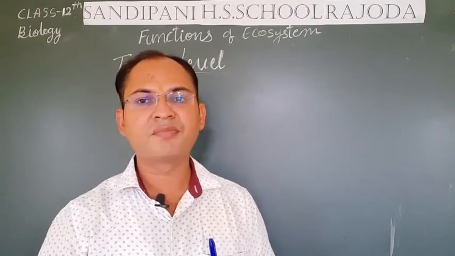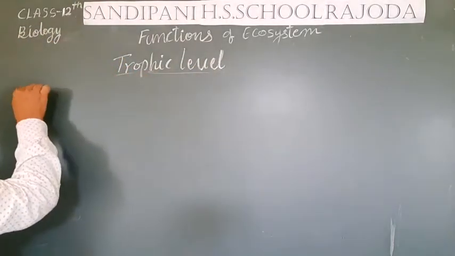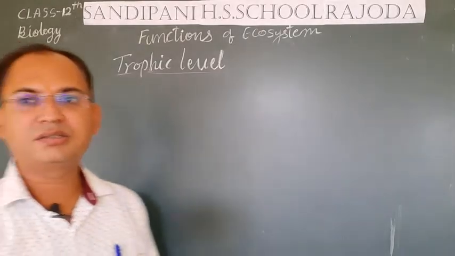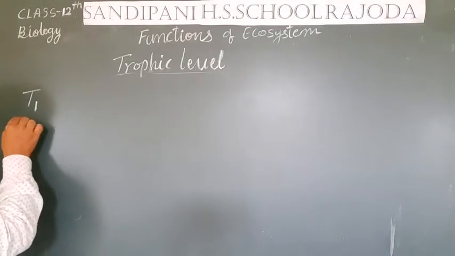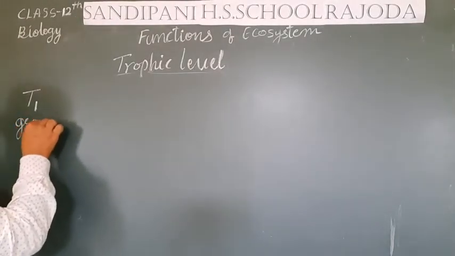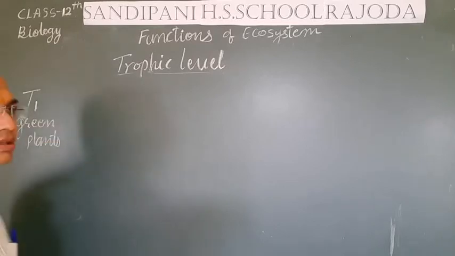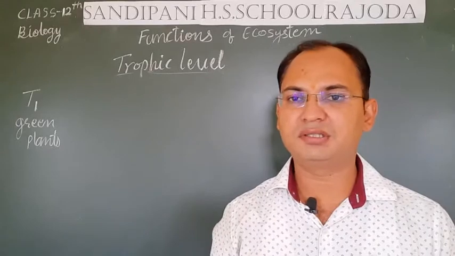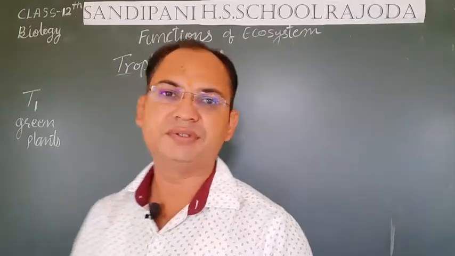Let's see how this transfer of energy takes place. First of all, in T1, that is trophic level 1, the green plants are present. These green plants are eaten by the insects, grasshopper or other herbivores.